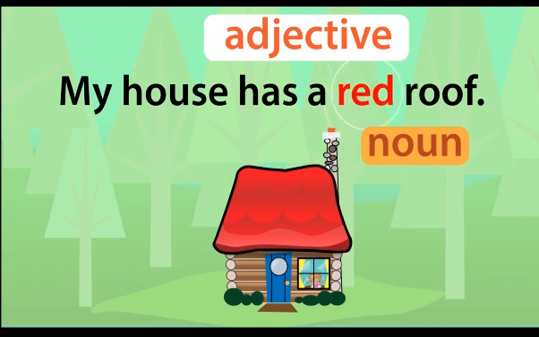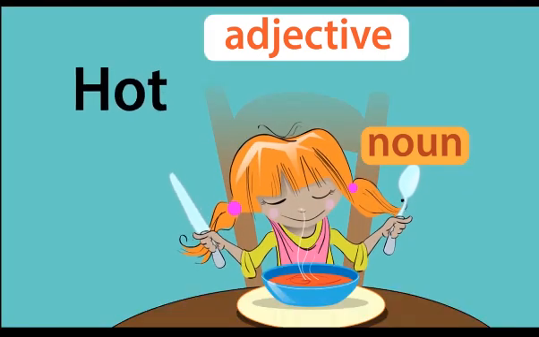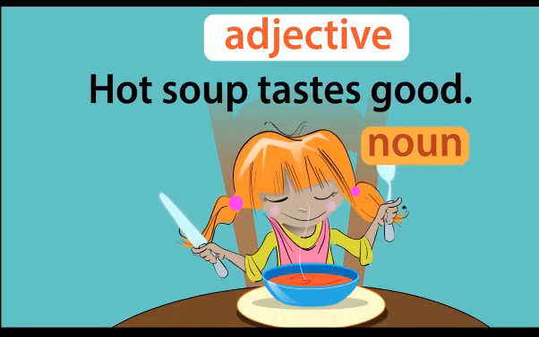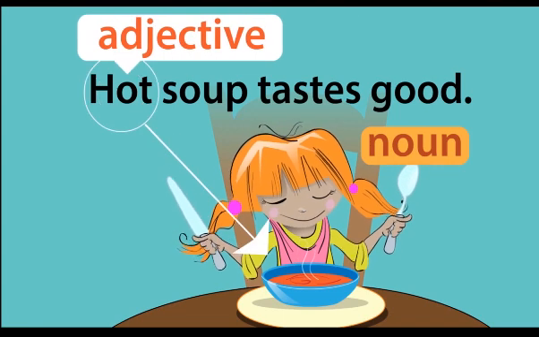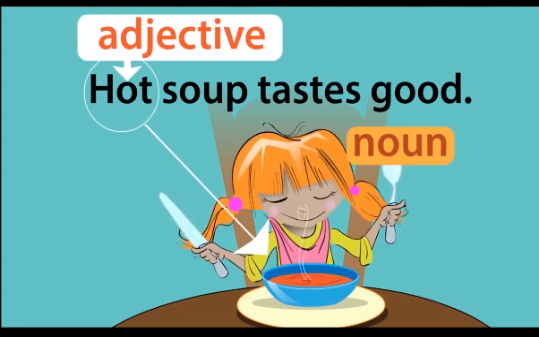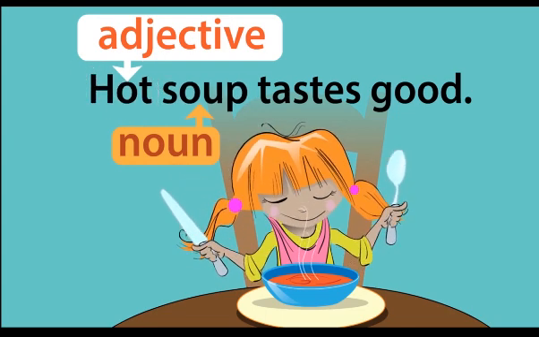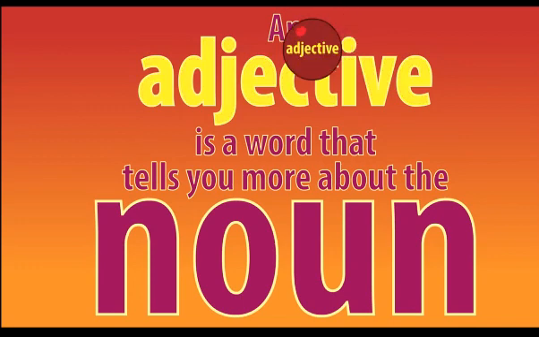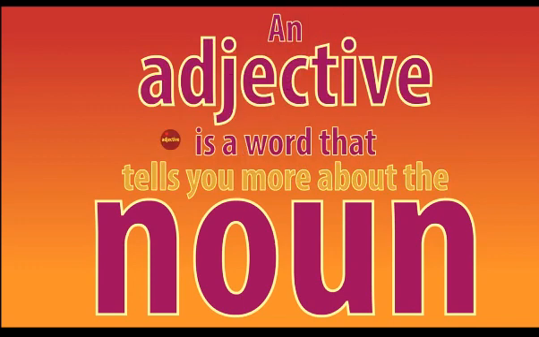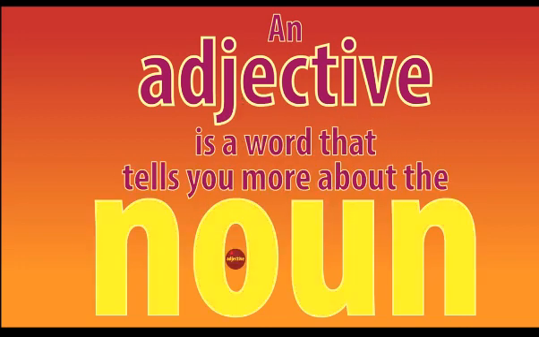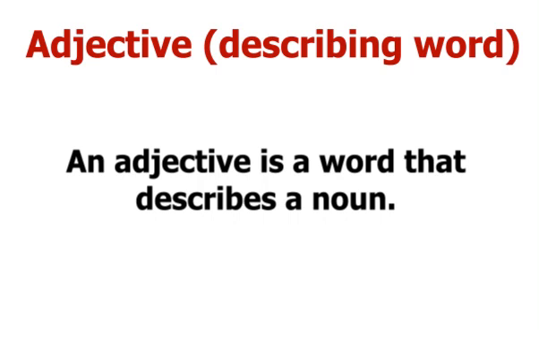Red is the adjective that tells you that the noun roof is red. Hot soup tastes good. Hot is the adjective that tells you that the noun soup is hot. An adjective is a word that describes a noun.